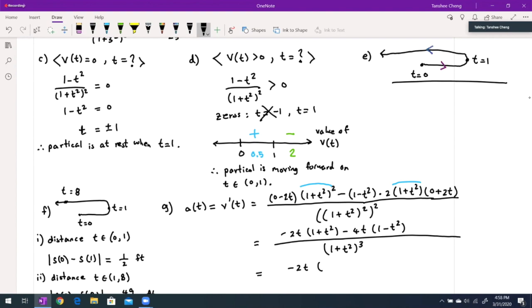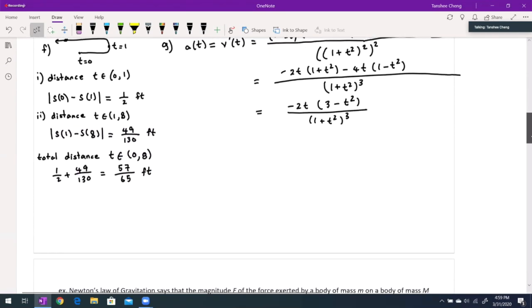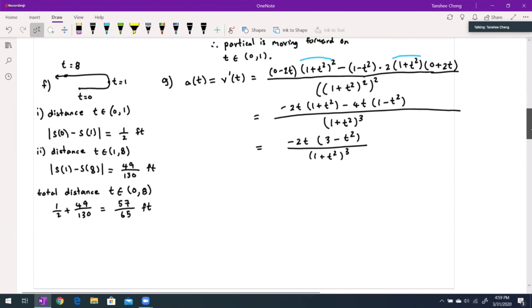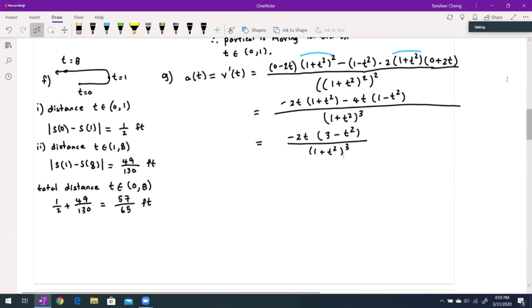And then when I distribute the positive 2 and combine it up, that will become 3 minus t squared, all over 1 plus t squared to the third power. So I skipped a lot of steps there on the algebra part. Okay? Making sure that you're all okay with this. So now I have my acceleration function ready.